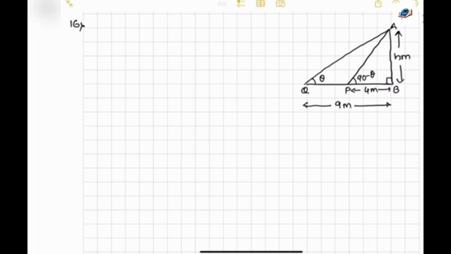Next it says the angle of elevation of the top of tower from 2 points at a distance of 4 meter and 9 meter from the base of the tower and in the same straight line with it are complementary. Prove that the height of tower is 6 meter. So we have to show that AB equal to 6 meter. So let the height of tower AB equal to H meter.